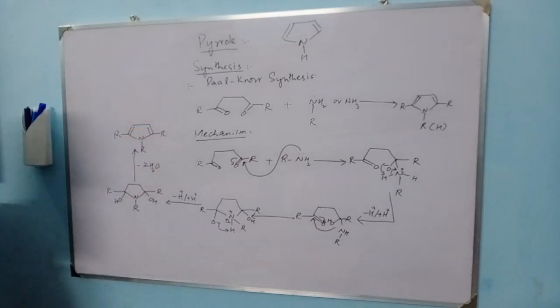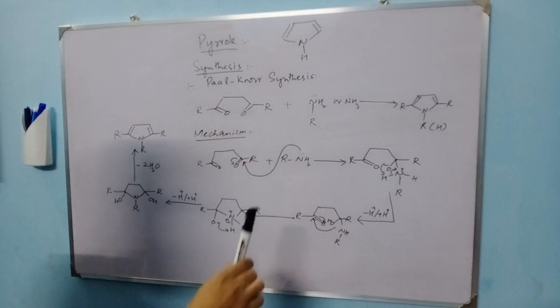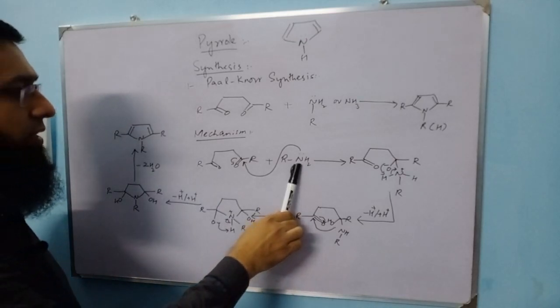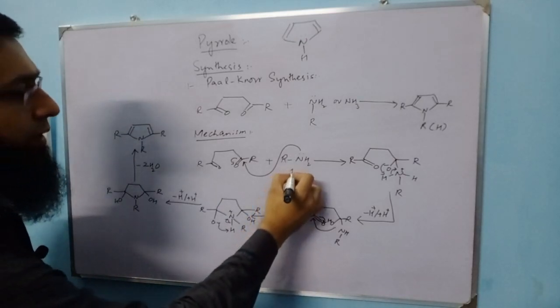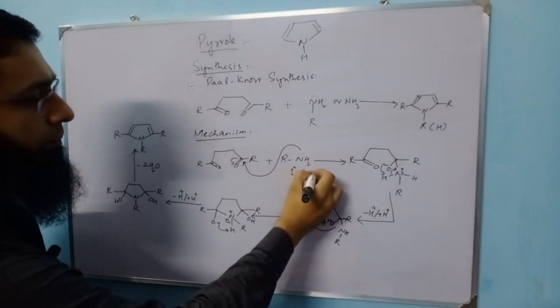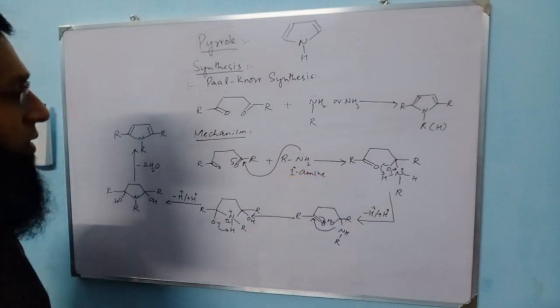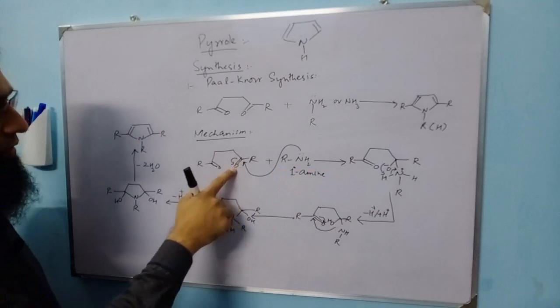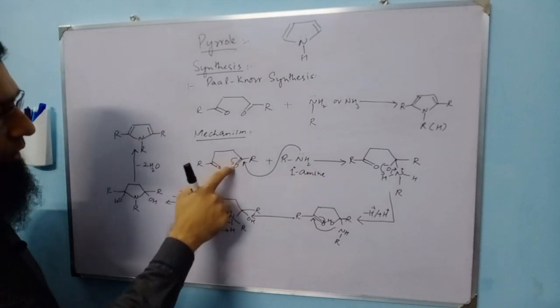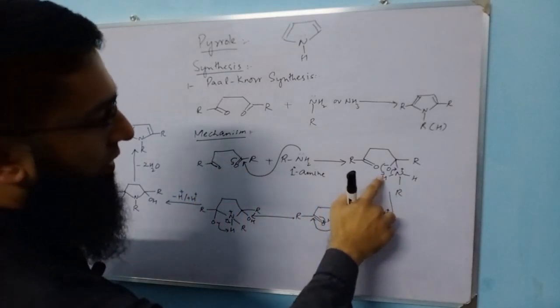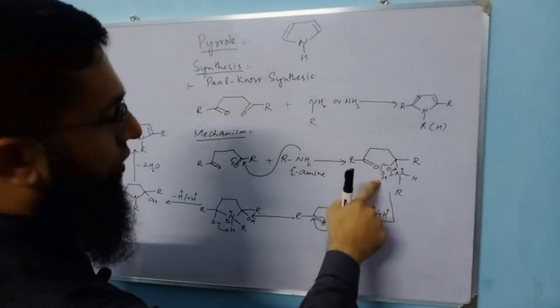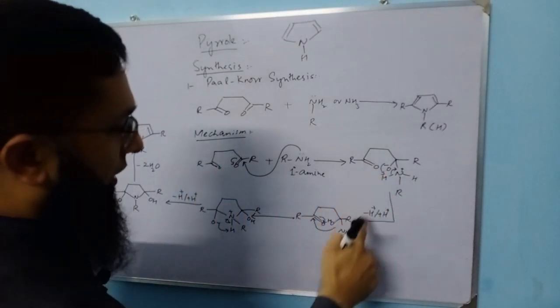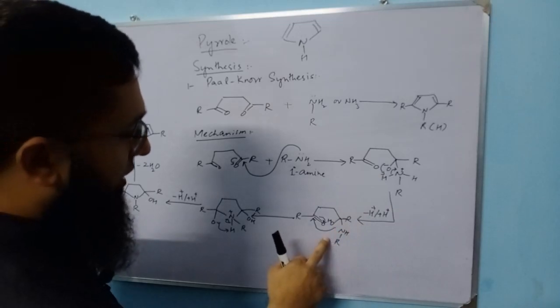So I repeat the mechanism once again. We have an amine here which can act as nucleophile and it should be a primary amine. This amine will attack on the carbonyl carbon and oxygen would get negative charge as this bond would break, and as a result we have this intermediate. Now here proton transfer would take place and we will obtain this intermediate.